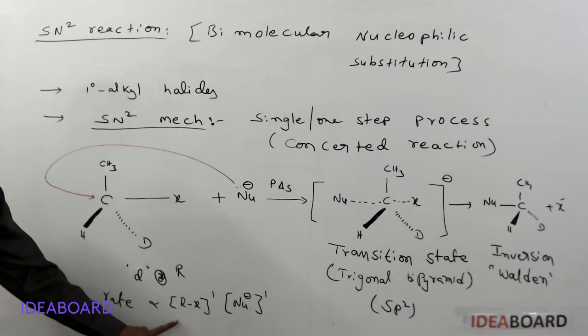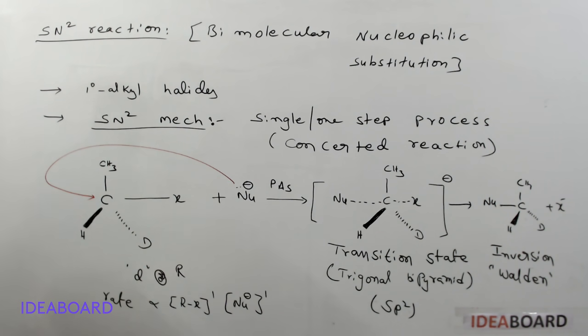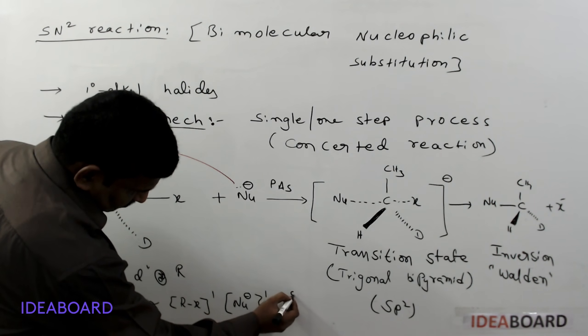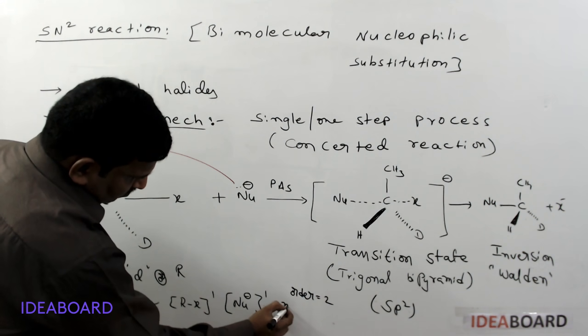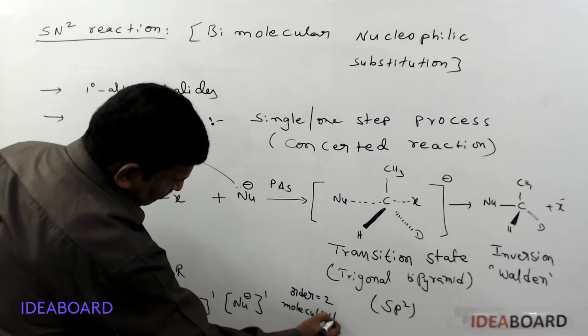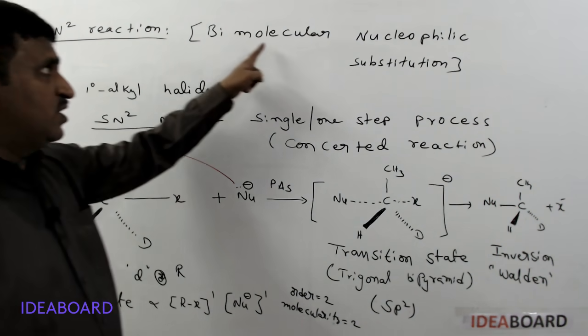So this reaction is considered as a second order reaction. So the order of the reaction is equal to 2, or the molecularity of the reaction is 2. So it is bimolecular.